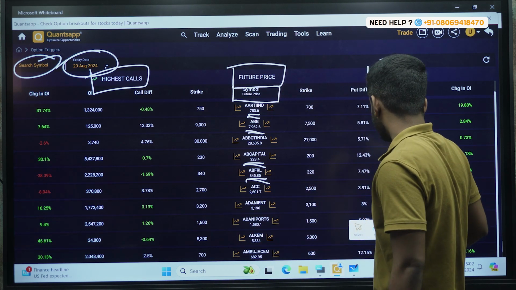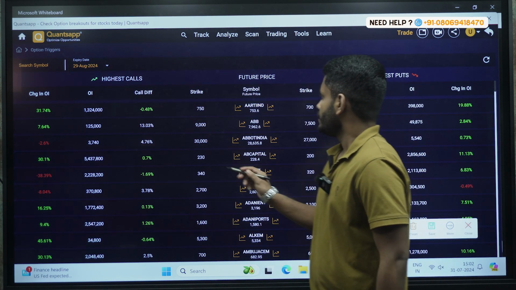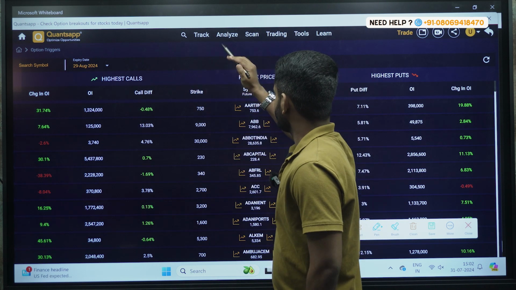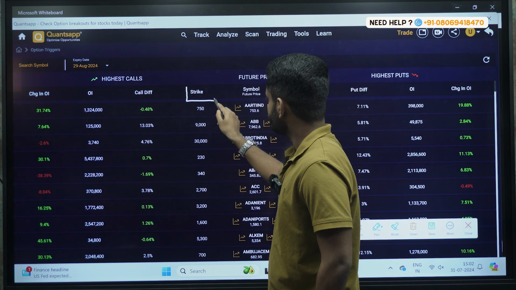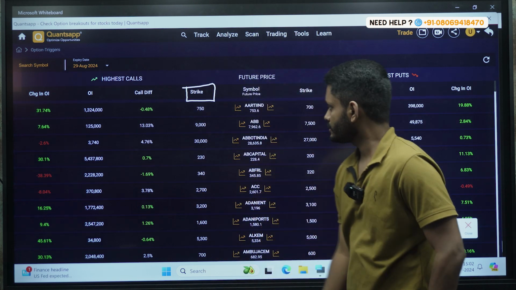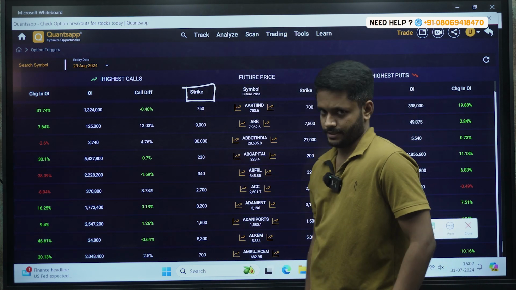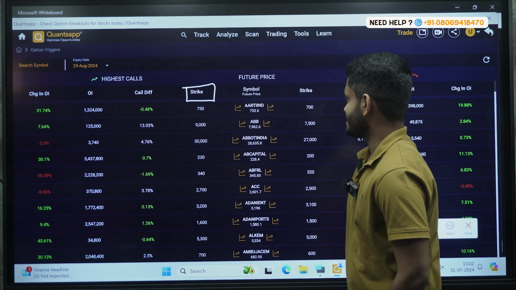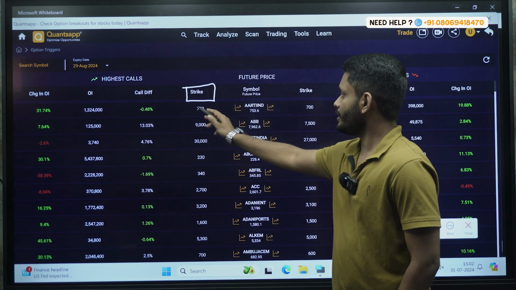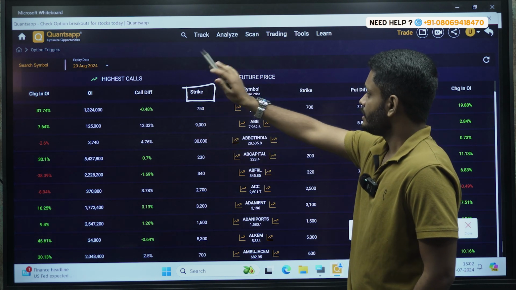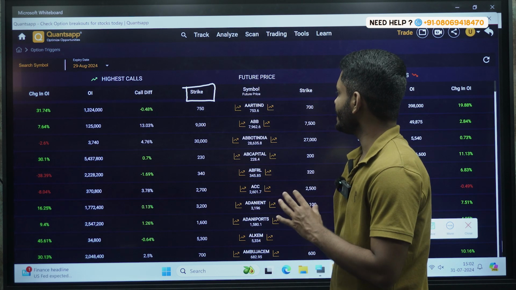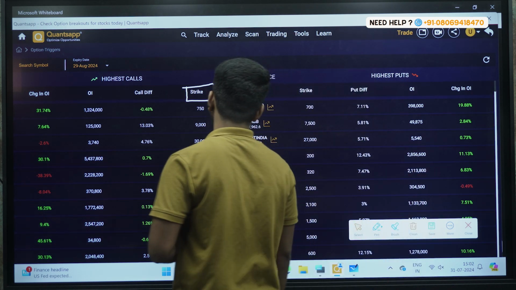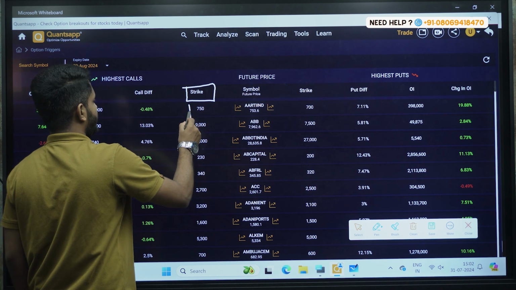Okay, so now let us come to the data. On the left hand side, if you see, there is a strike option, correct? So what is this strike? Okay, now what does this say? This strike on the left hand side, that is on the highest call side, is basically indicating a resistance level, I would say, or you can say that at this level call writers are active.